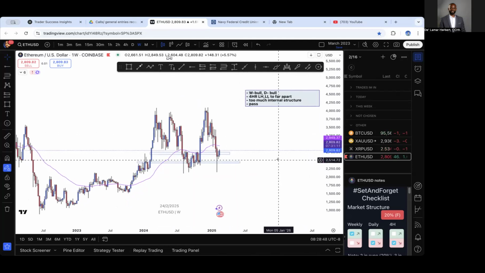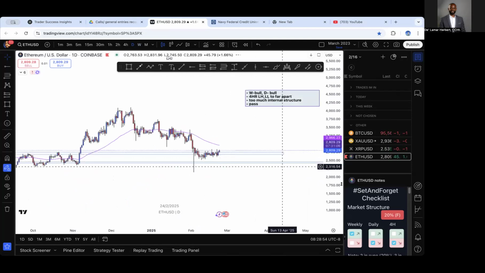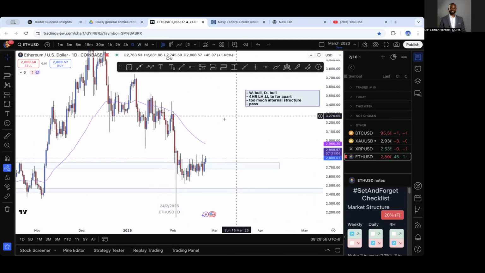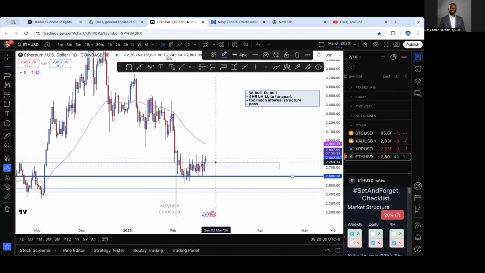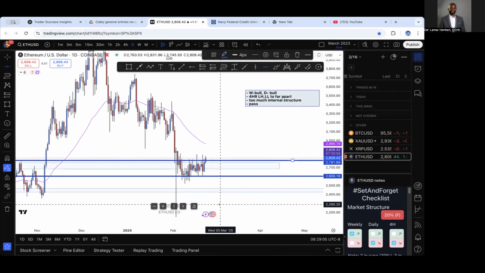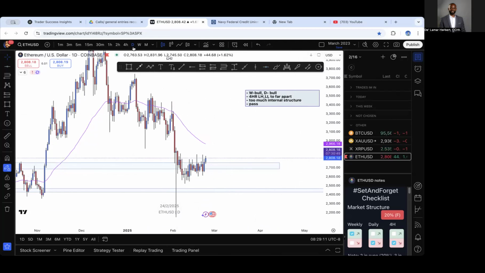So Ethereum, we have a weekly structure of bull. Daily is bull as well because we see our lower lows right here, and then we had a shift, we'll say right around there. So technically we have two time frames in sync.